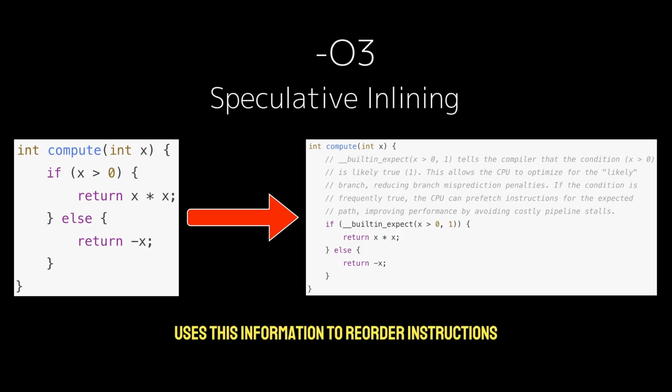The compiler uses this information to reorder instructions, optimize instruction cache usage, and crucially optimize branch prediction for the CPU. It's called speculative because the CPU speculates which path is most likely and then prepares the pipeline to execute instructions for that path in advance, avoiding delays from incorrect predictions.